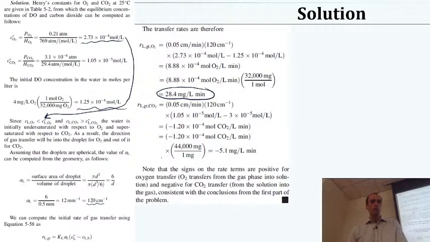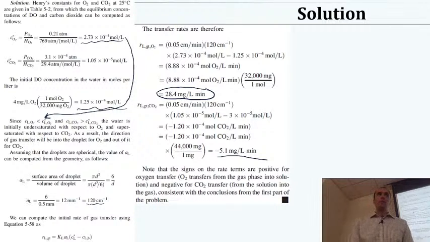And for CO2, we're going to express this one as a negative because it's leaving the liquid. We would end up with a negative 5.1 milligrams per liter per minute. Okay, and that's just convention. It's positive for oxygen, negative for CO2, because it's in reference with gas entering the liquid.